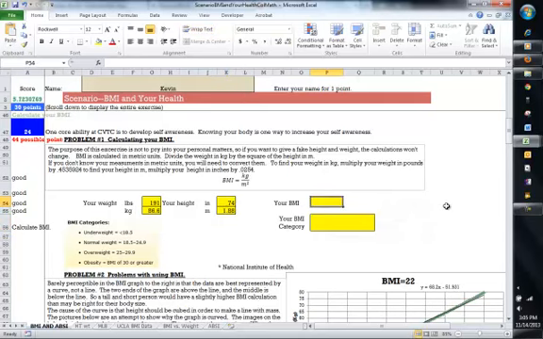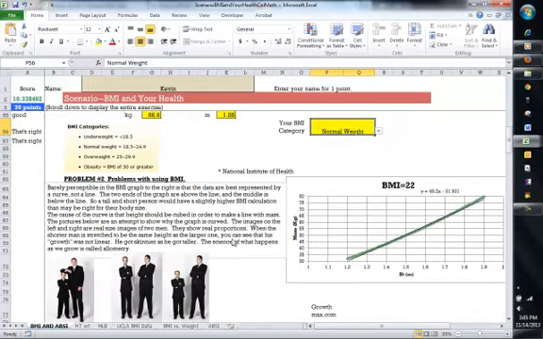So my BMI is my weight in kilograms divided by my height in meters squared. So that's shift 6 to the second. And my BMI then is 24.5. And if you notice, that puts me in the normal weight category.